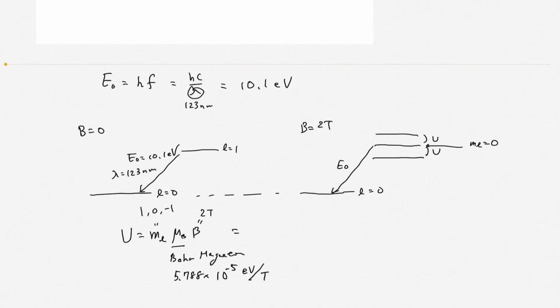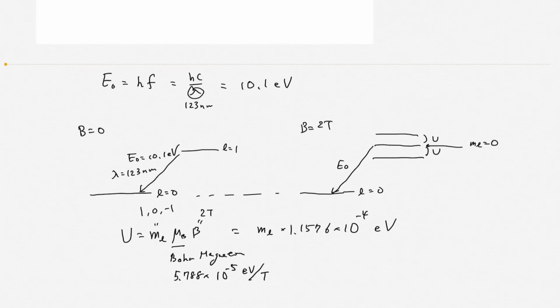If you substitute 2 Teslas in this equation, you get M sub L times 1.1576 times 10 to the minus 4 electron volts.